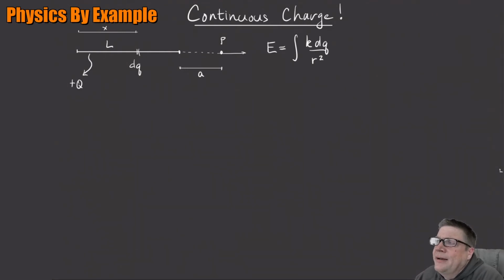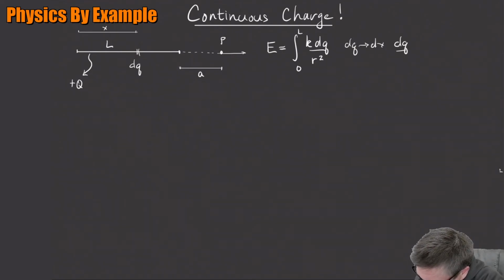Okay, I'm integrating from 0 to L, it looks like. But Q doesn't go from 0 to L, X does. So again, we have to change dq to dx. That's what I want to do. And so it's kind of the same old trick.